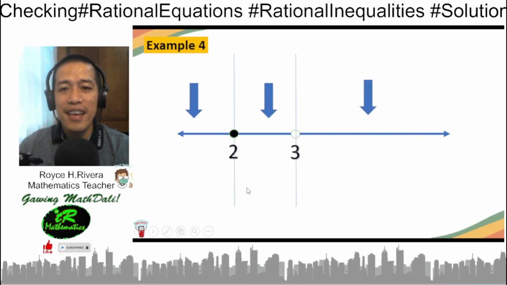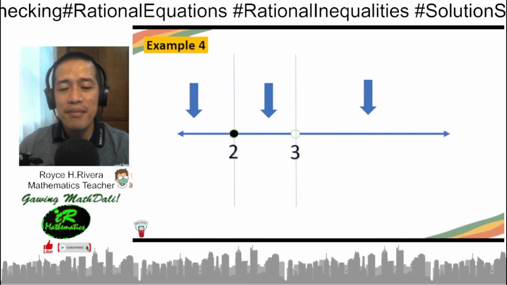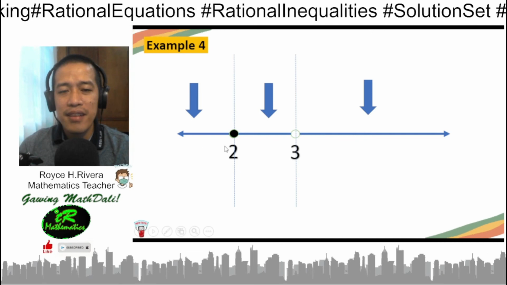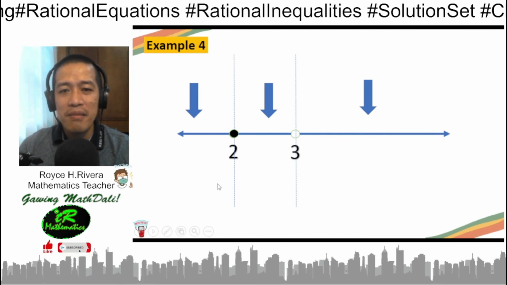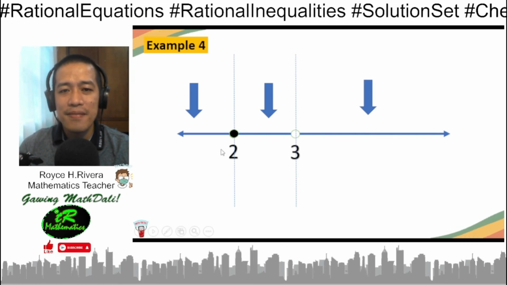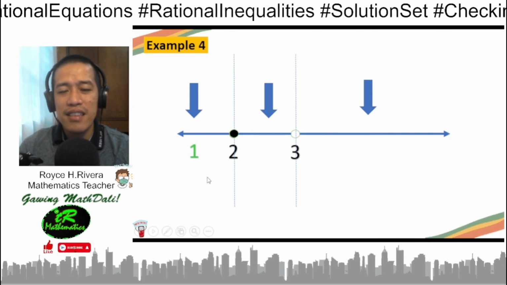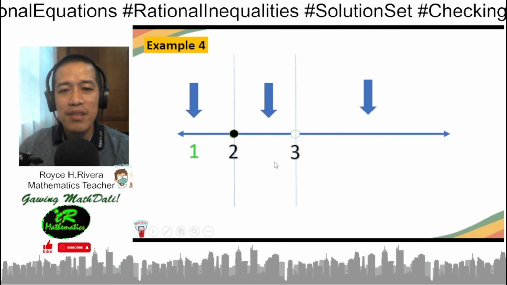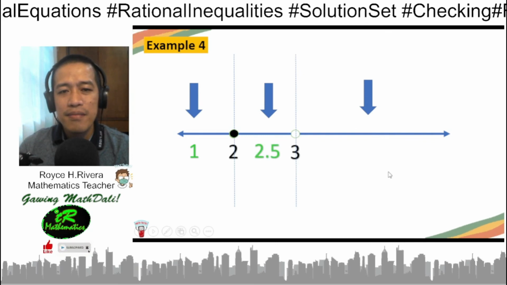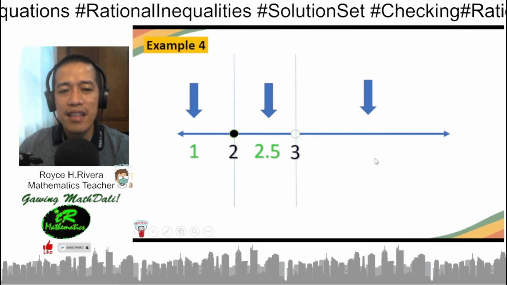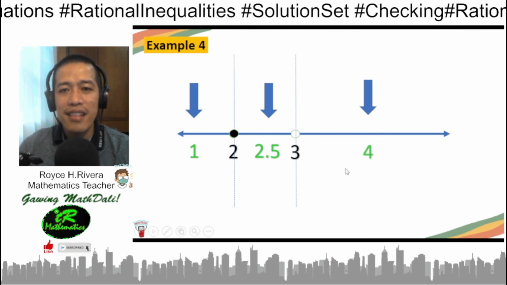Ngayon, pipili na tayo ng mga numbers or test points. Sa first interval, kagaya kanina, yung mga madadaling numbers na lang. The numbers to the left of 2, so let us choose 1. In between 2 and 3, pwede na ang 2.5. And numbers greater than 3, piliin natin ang 4.